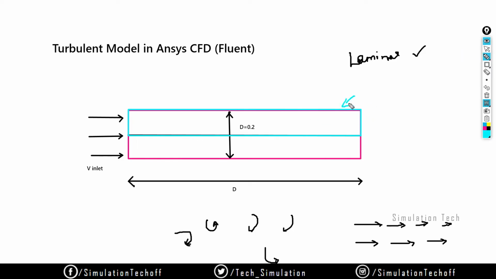This model can be rotated 360 degrees, so it's like an axisymmetric problem. It's not symmetric, it's axisymmetric, so it can rotate about this axis through 360 degrees.